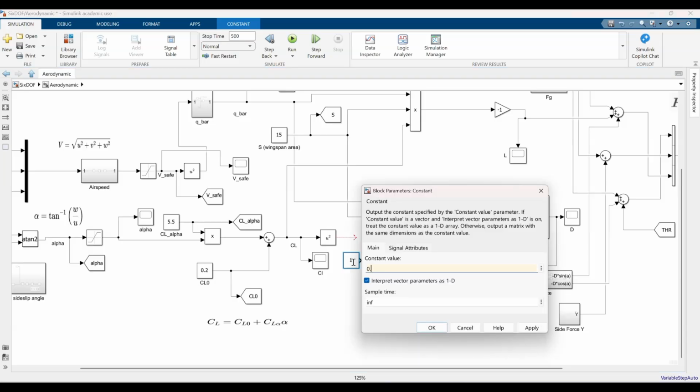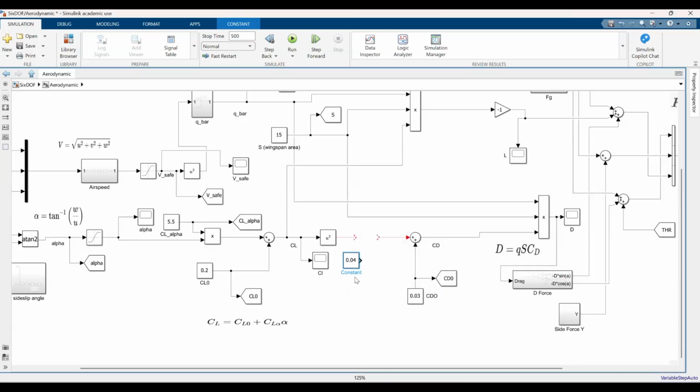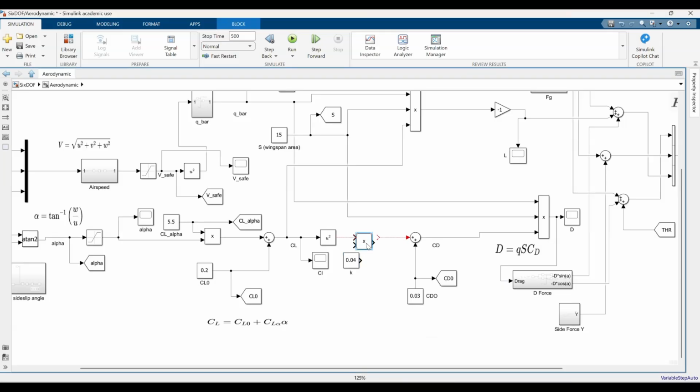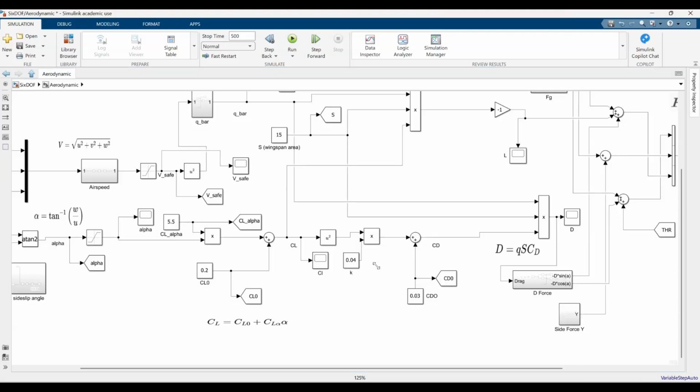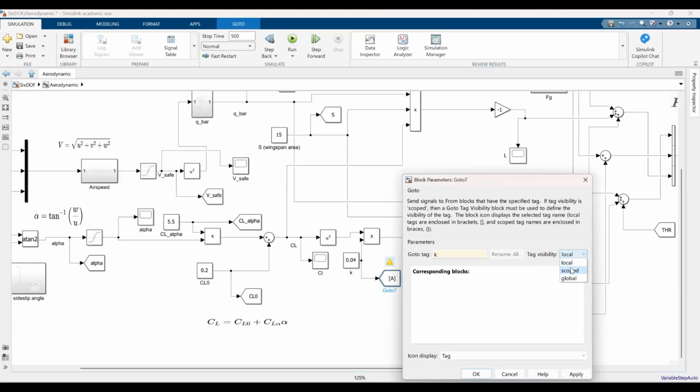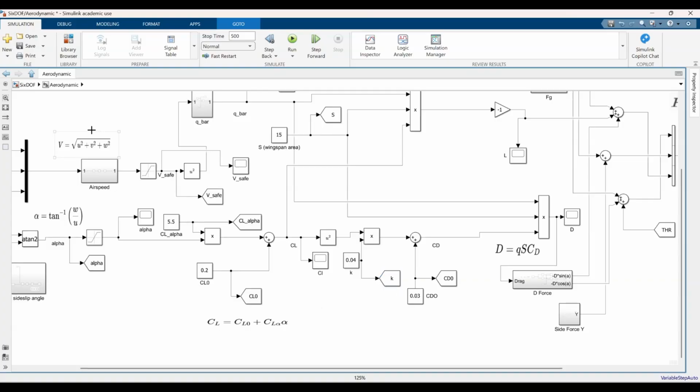Okay, 0.04. And this is my K, so I will get the label back up, and then product. Let's connect that. Okay, there goes one, there goes two, and then another go to block will get me my K from here. And double click, K, tag visibility global. All right, all of that is set.